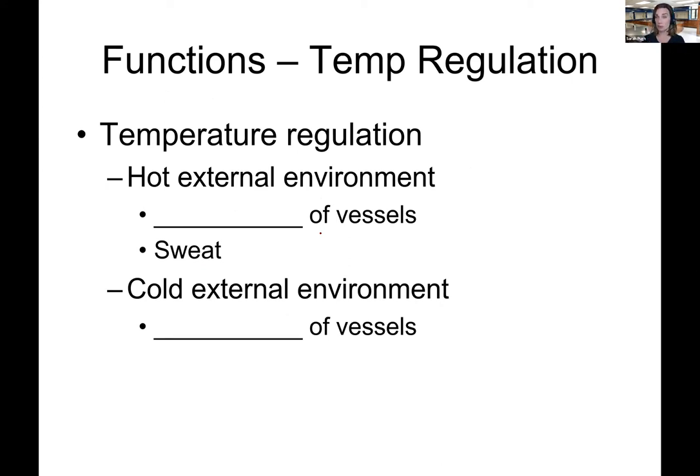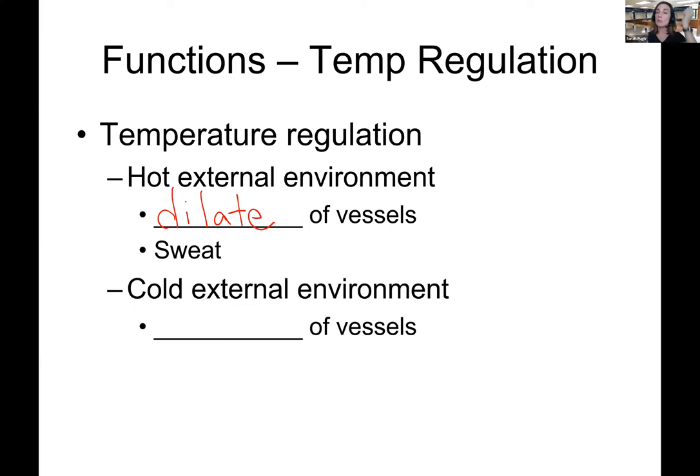Now, another big function of our skin is that it can regulate your temperature. And it does this by constricting or dilating the blood vessels in your skin. So when it's really hot outside, your blood vessels will dilate. So when a vessel dilates, it means it gets nice and big.